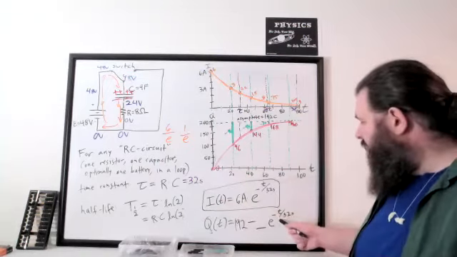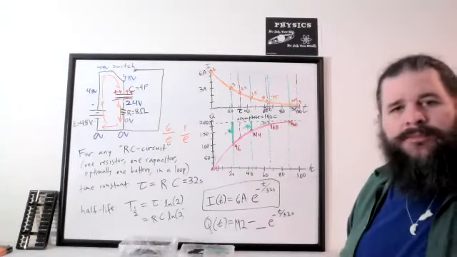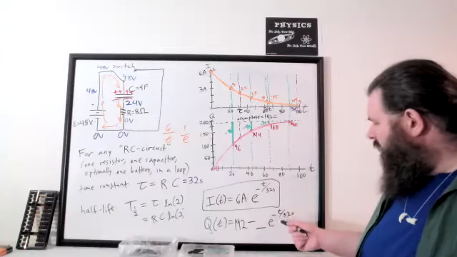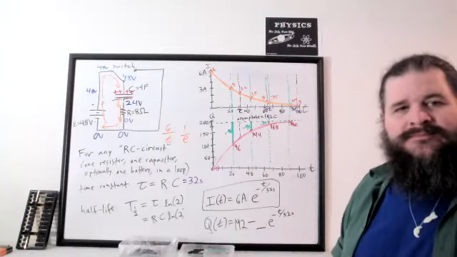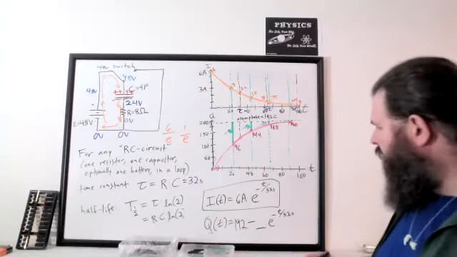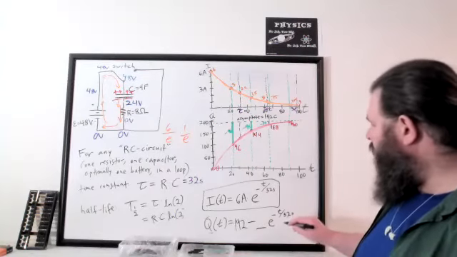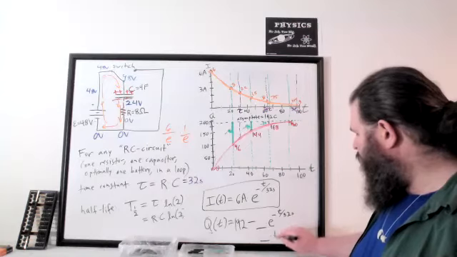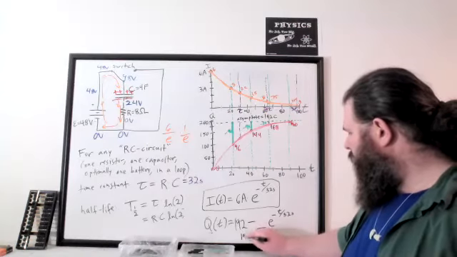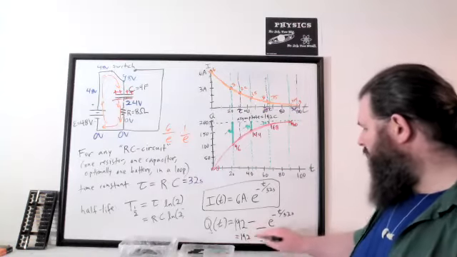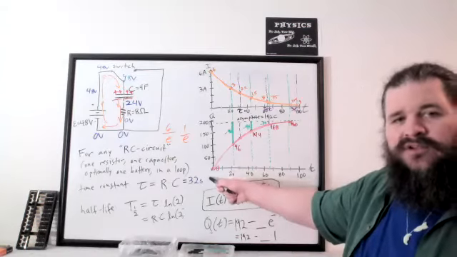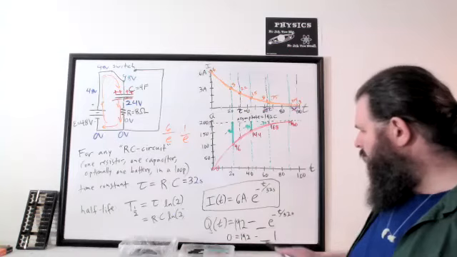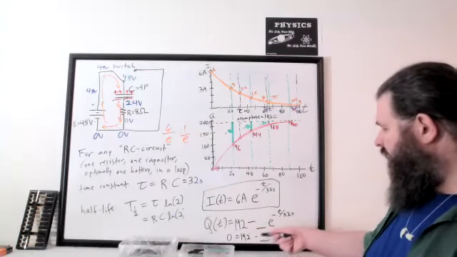We know that when t is 0, the charge is 0. And if you plug in 0 for t, what's e to the 0? Yeah, e to the 0 is 1. So if we plug in 0 for t, we get blank times 1. So 192 minus blank times 1 equals the charge at the beginning, which was in this case 0. So 0 equals 192 minus blank times 1.